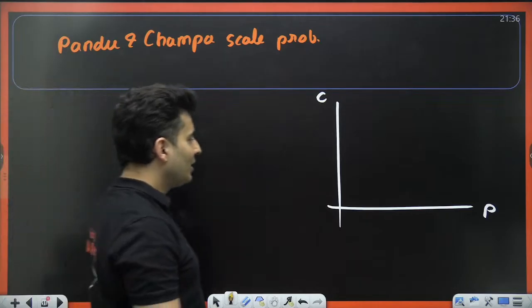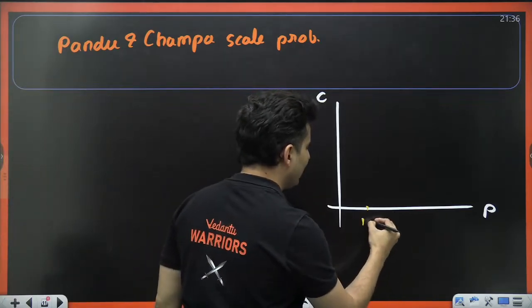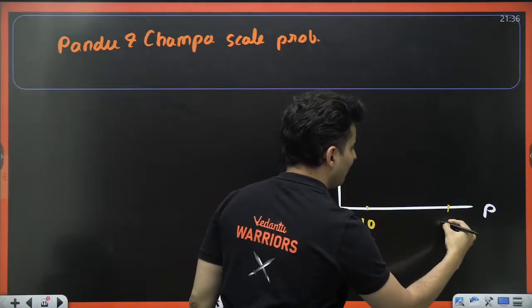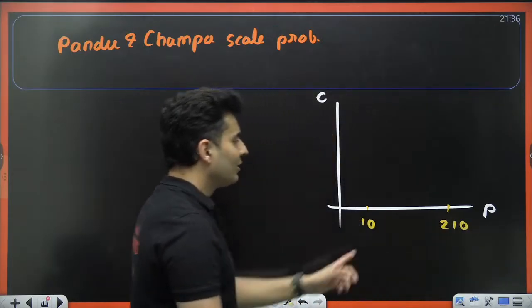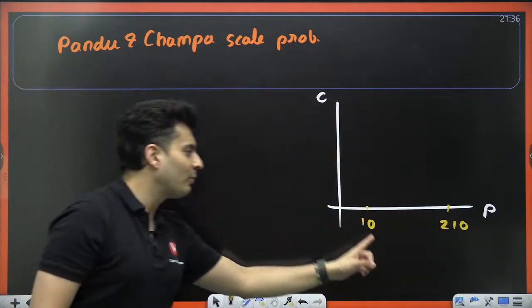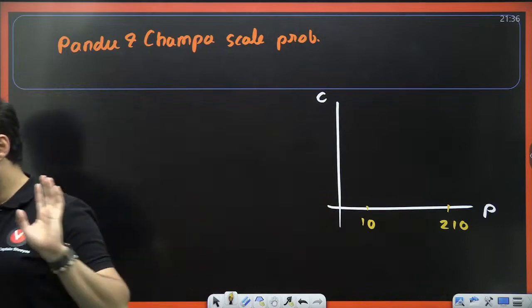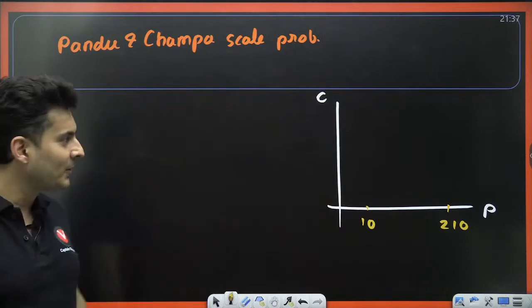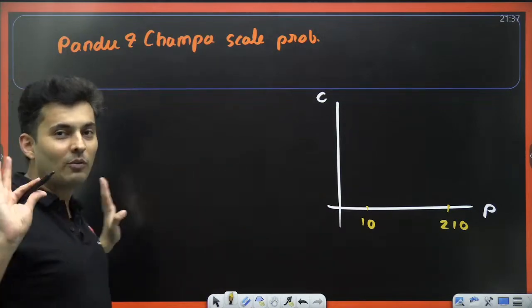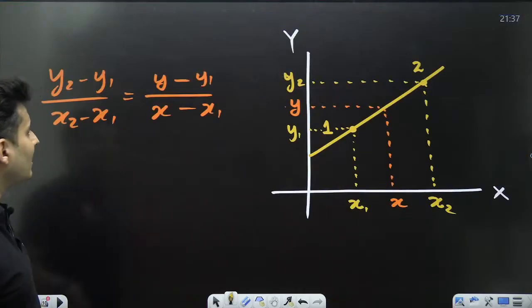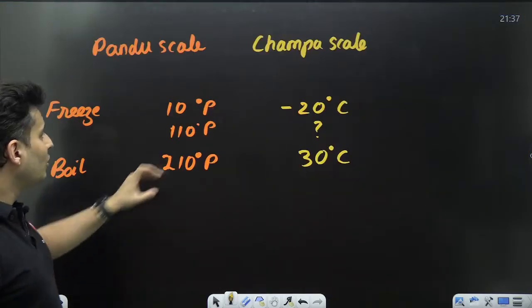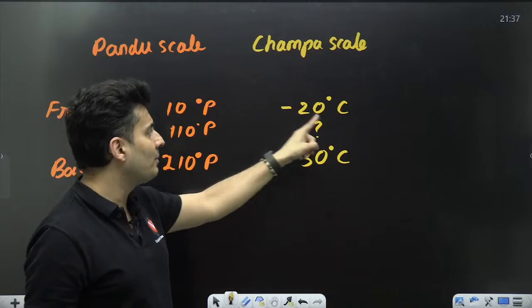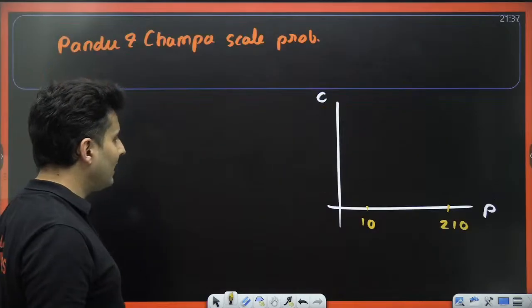My dear warriors, one value will be 10, the other value will be 210. Those are the Pandu values for freezing and boiling. Understood? That's how you will put it on one of the axes. Similarly, for Champa values, you will look at these values over here, minus 20 and 30.